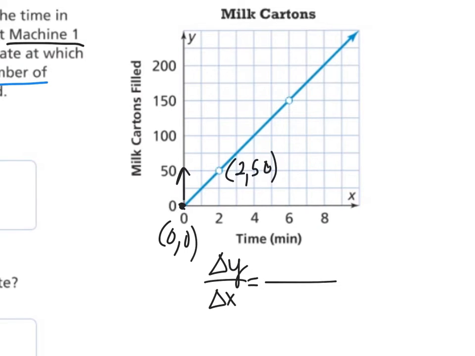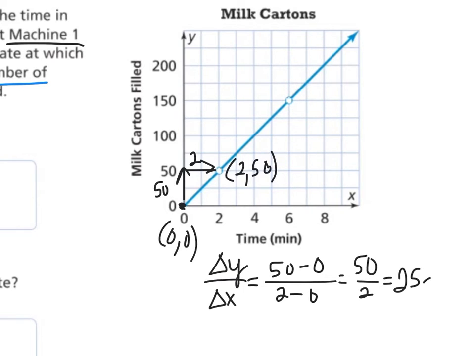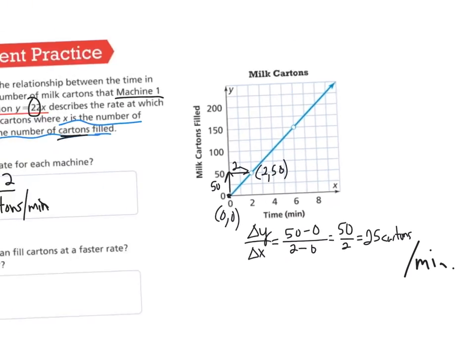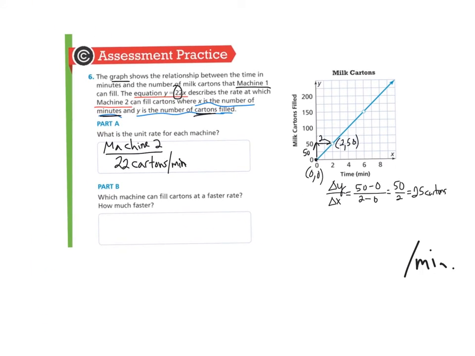So change in y, if we're going from 0 to 50, that's a change of 50. Change in x, we're going from 0 to 2, so we're going over 2. So up 50 over 2, so 50 over 2. If you divide that out, it's 25. So that's 25 cartons per minute. And the other one was 22 cartons per minute.